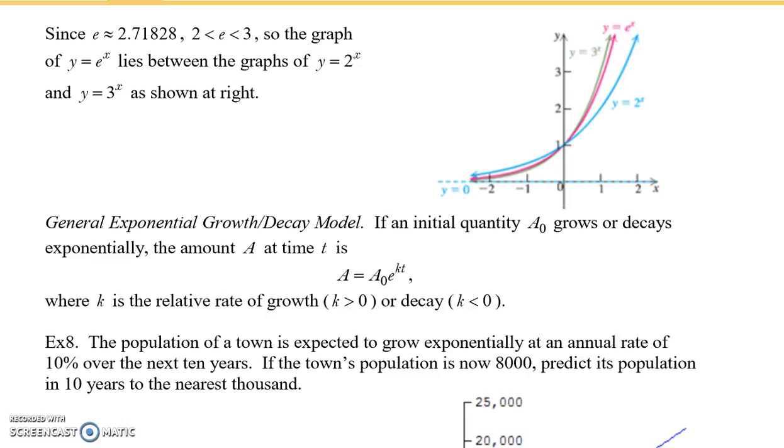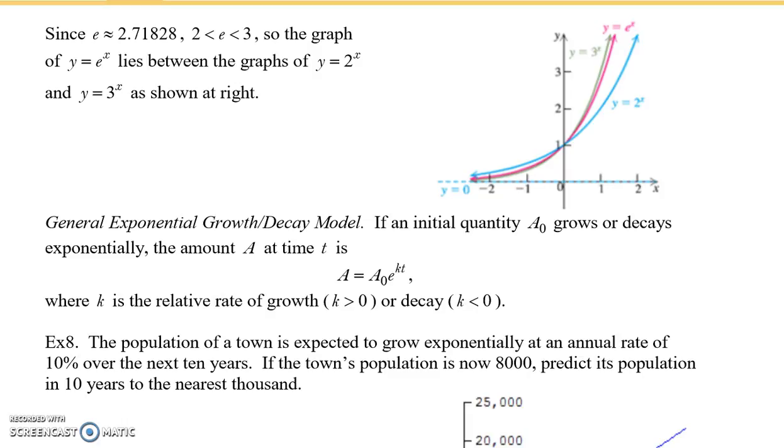There is a more general formula involving the base e that we can use for applications that are similar to what we saw with continuously compounded interest. This is called the general exponential growth or decay model. It can be used for both growth applications and decay applications.